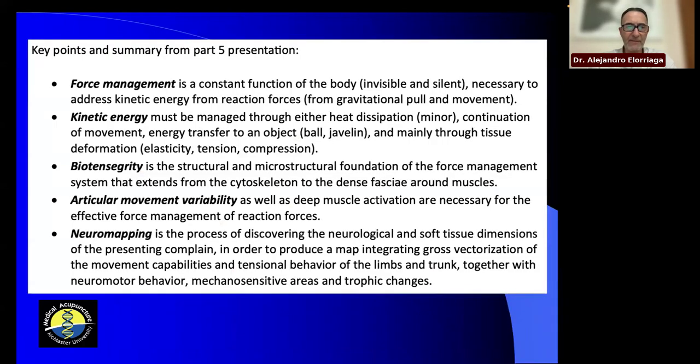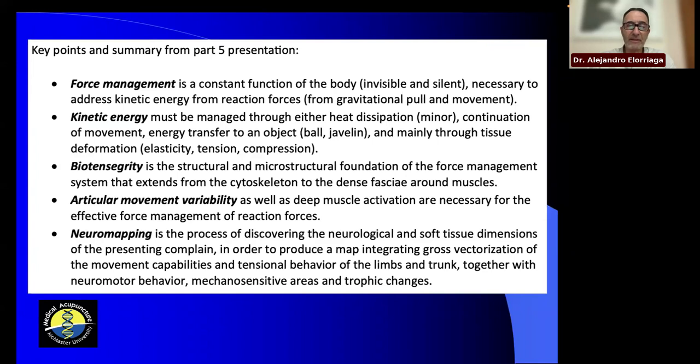Also, I had a very good opportunity to present the main forgotten task of the body that's at the core of most clinical problems that we face, which is the force management system.